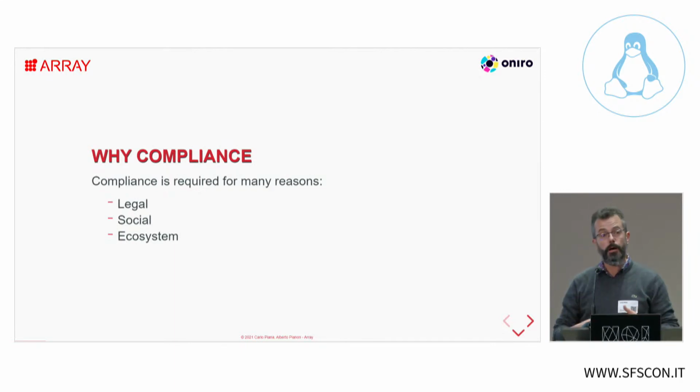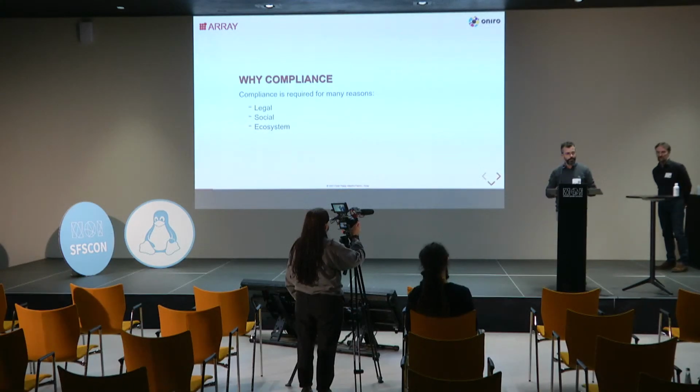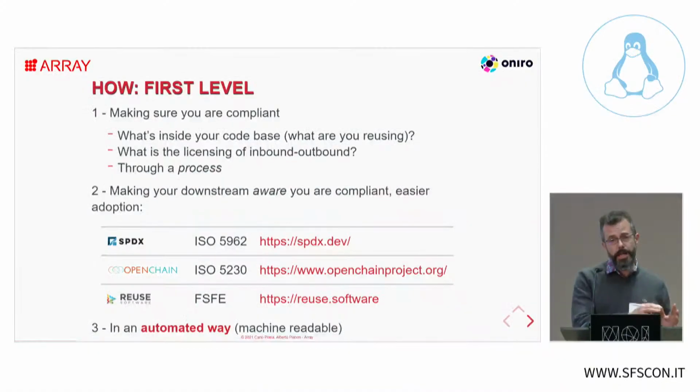And speaking of Oniro, which is a large ecosystem, if everybody in the pipeline does the right thing, the right way, right away, we are much better off. So the why also dictates the how you want to be compliant. The first very basic level is to be compliant, but it's just the bare minimum.